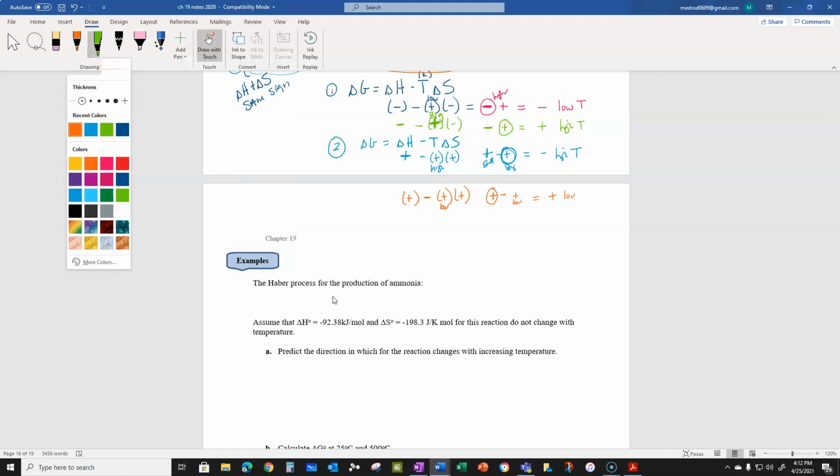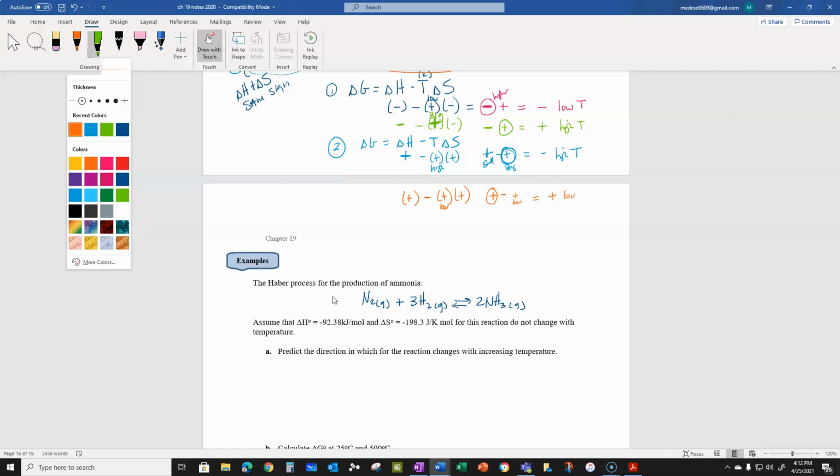The Haber process, back in chapter 14, was all about the production of ammonia, how it took that nitrogen gas and reacted with that hydrogen, a very, very famous reaction on how to produce fertilizer. And you get that 2 ammonia, okay? And this was at an equilibrium state.